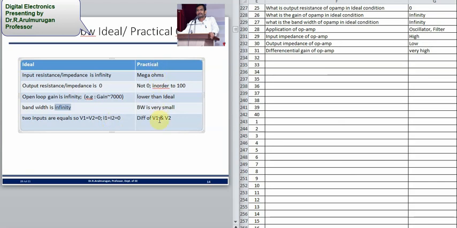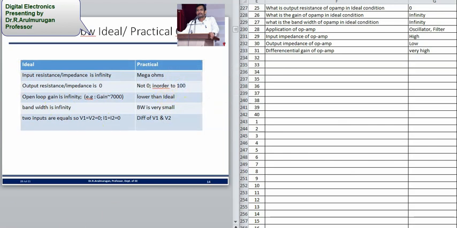But practically it is not equal. Bandwidth is very small and gain is somewhat lower than the ideal condition. Input impedance is infinity for ideal, but practically mega ohm. Output impedance is 0 in ideal condition, practically not 0, it has some value.